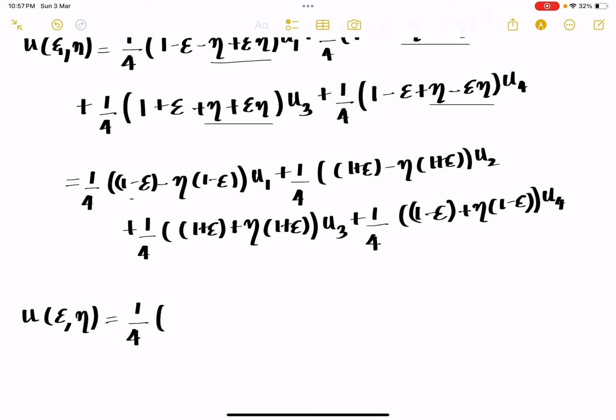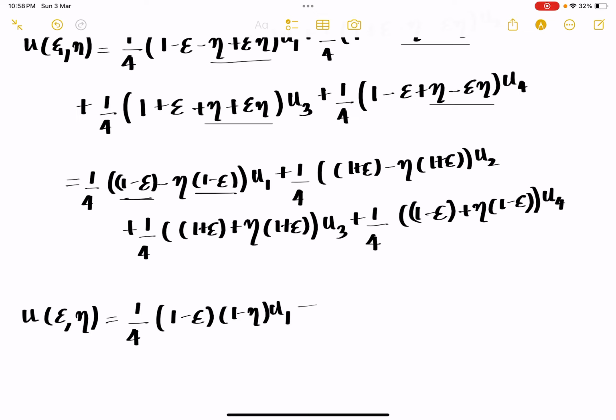I can bring 1 minus epsilon here. I can take that common outside. I'll be getting 1 minus epsilon into 1 minus eta, okay, into u1. If I take 1 minus epsilon from this term and this term outside, you get 1 minus epsilon into 1 minus eta, right?